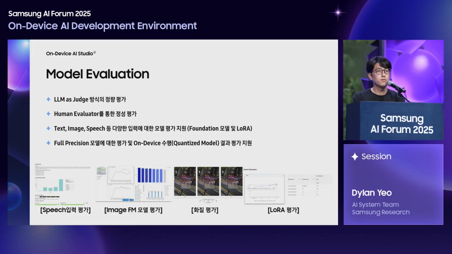Finally, let me introduce the model evaluation functions of AI Studio. For generative models, rigorous evaluation is as important as development. Evaluation Studio supports testing not only text but also multimodal inputs such as speech and images, reflecting the input for IoT supported in Galaxy AI.